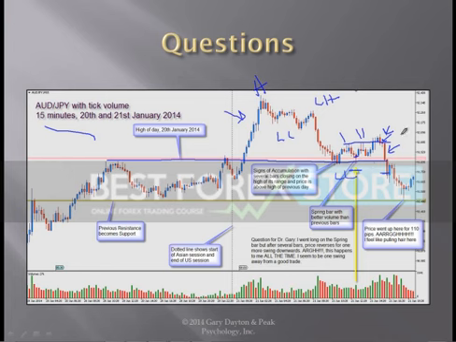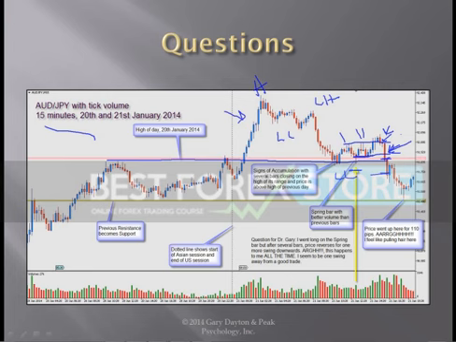Get out now, even though this loss here, assuming you got in here, is a whole lot better than this loss. Okay? Professional traders will cut their losing trades quickly. I scratch out a lot of trades. I cut trades quickly if I'm wrong. So you want to do that.